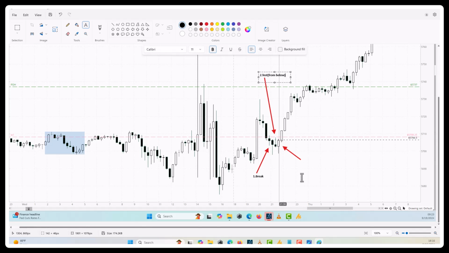Then the next step you're gonna have is the reversal, step 3. Yeah, that's the reversal type 1, which is a very reliable setup.